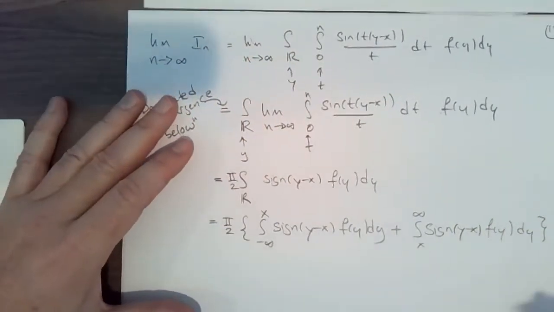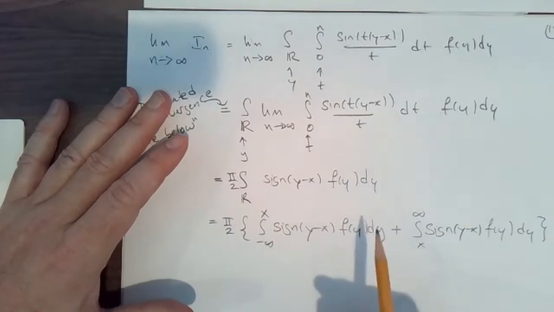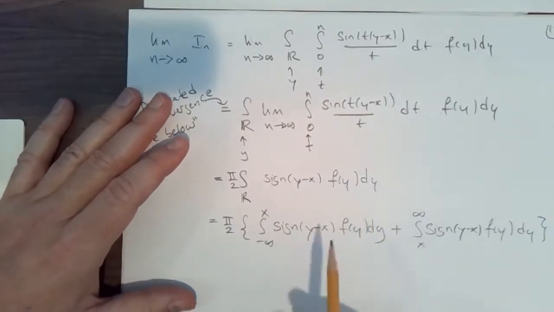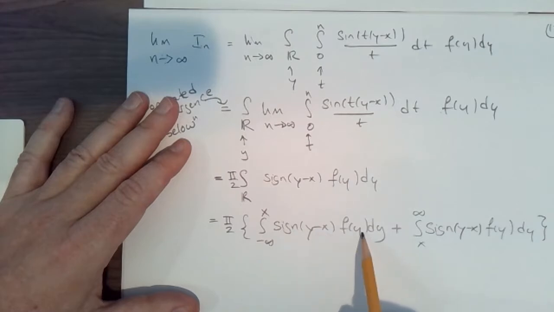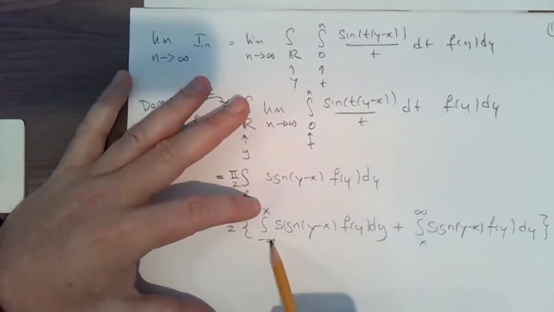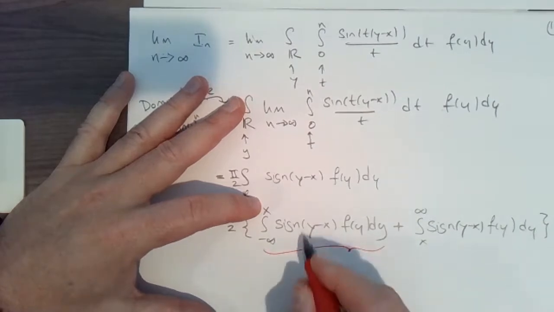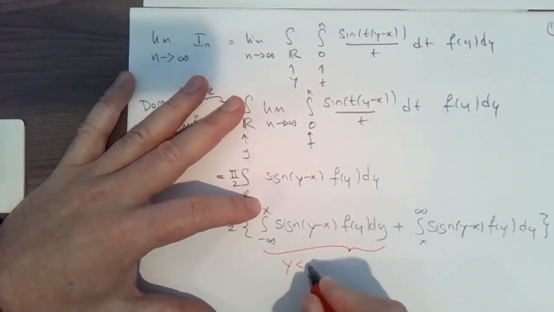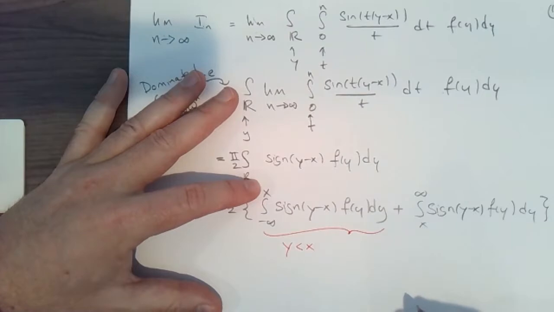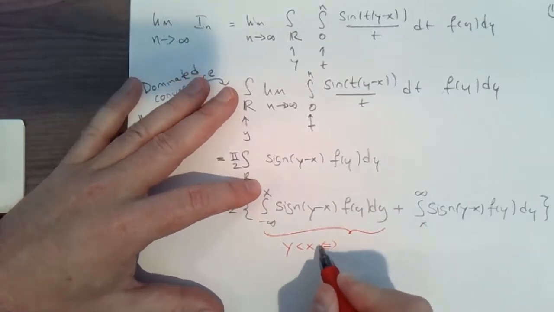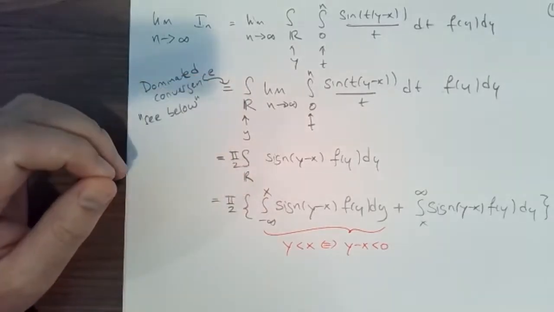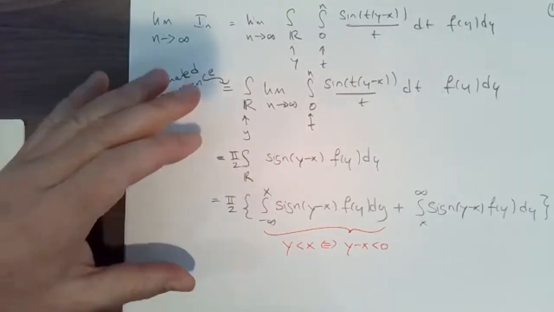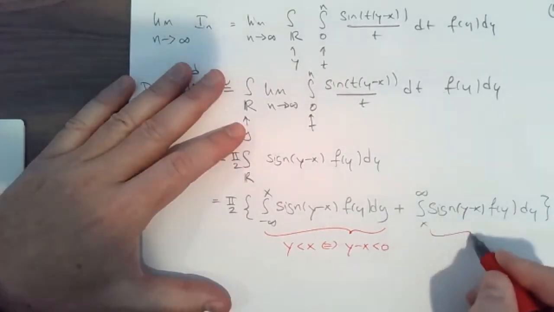This will make it a little bit easier because here x is positive, so x is here, y runs between, so in this integral here, y is less than x. That means that y minus x is negative. This one over here, you get the opposite.